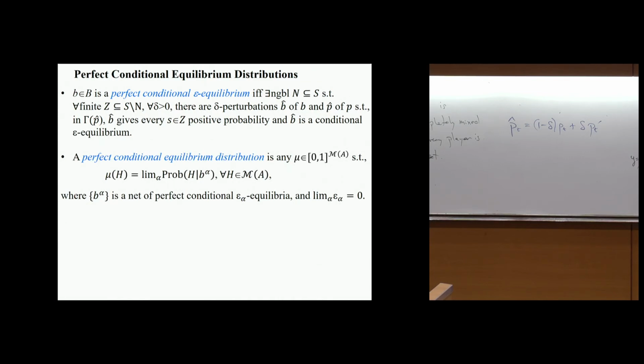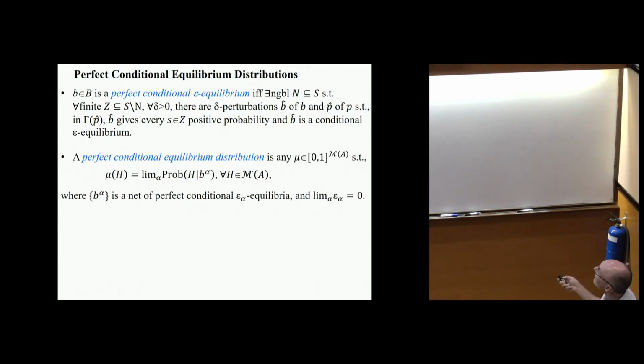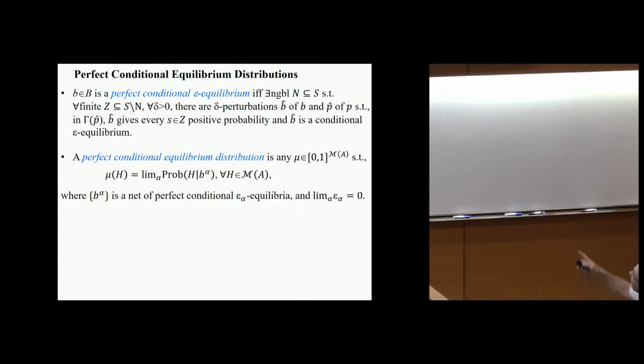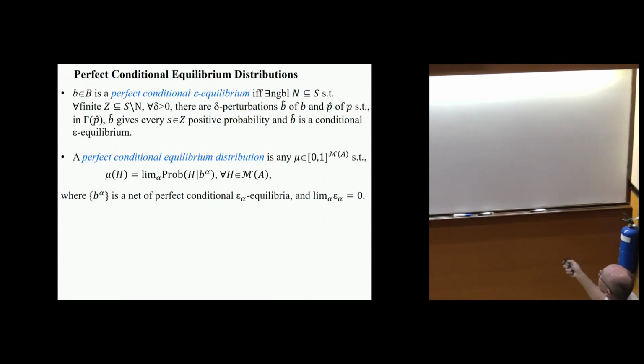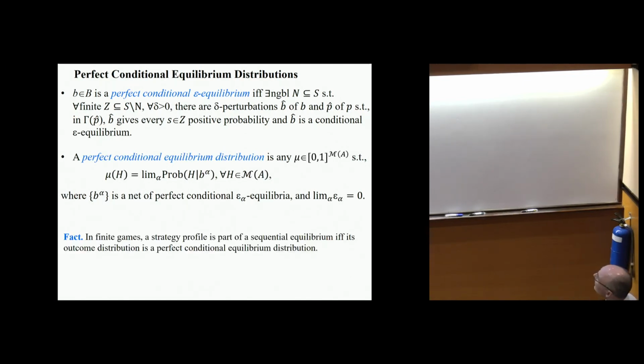So each perfect conditional epsilon equilibrium induces a probability distribution over outcomes, and we take the limit of that in this pointwise sense. One has to use Tikhonov's theorem to get existence of these limits, but that's the benefit of thinking about this as a subset of the infinite product on 0, 1. But you give up countable additivity when you do that.